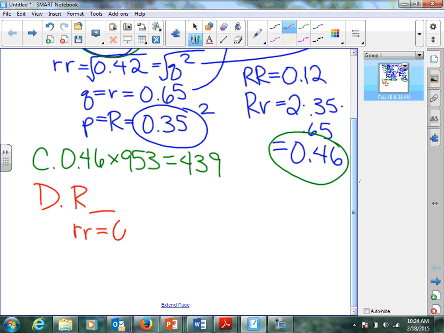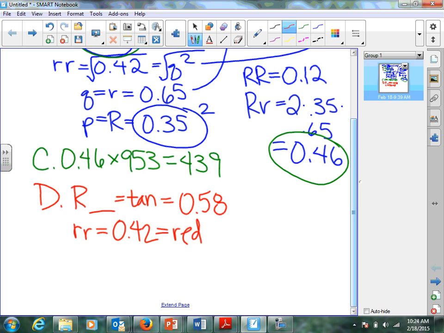And so I already know that little r is 0.42. And so this is going to be the red phenotype. Okay? To get the tan phenotype, if I know they're either tan or red, really I can just take 1 minus 0.42, and that gives me the tan, which is 0.58.